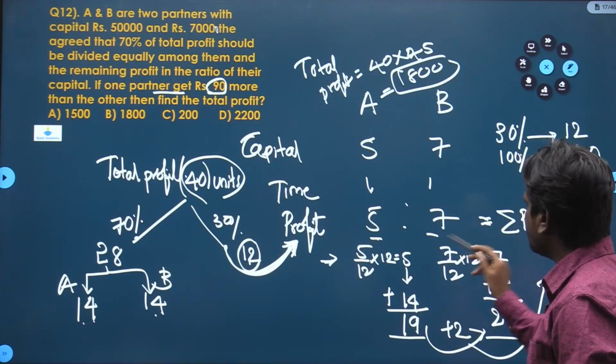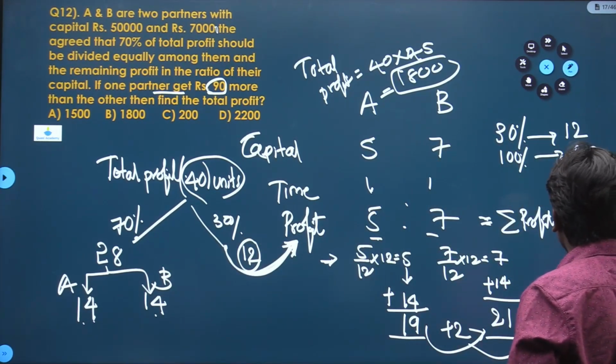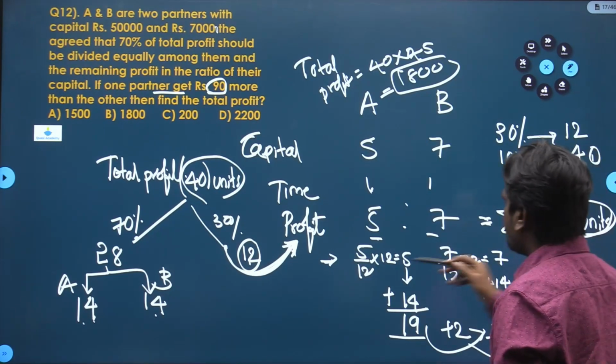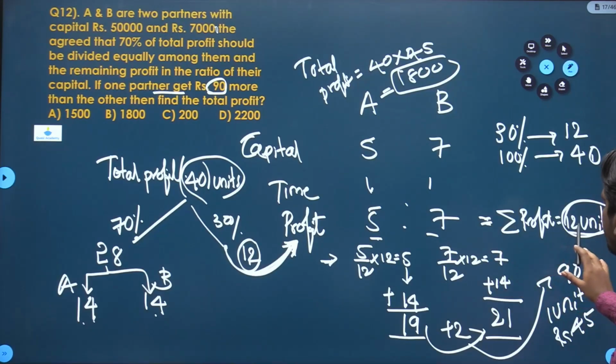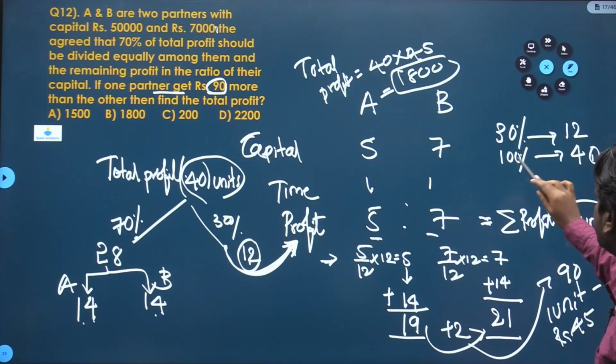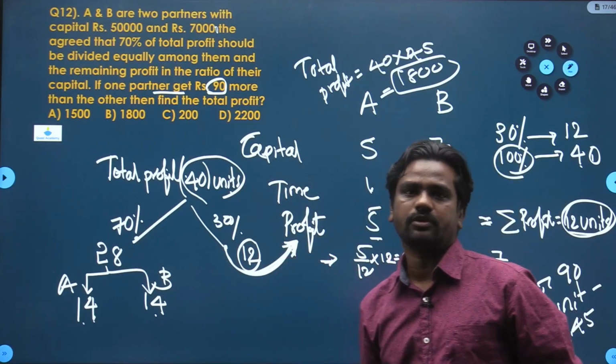So 30 percent is nothing but 12 units, and 100% is 40 units. So assume the total profit as 40 units.